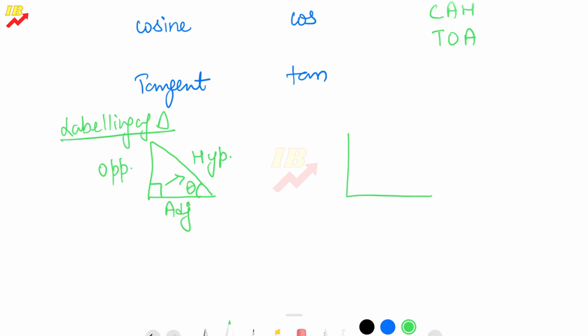Suppose I make one more triangle and put my theta on this side now, and my 90 degrees lies here. The side opposite to 90 is the hypotenuse, which is the same position again, but my theta has changed this time. Theta is lying here, so this side is my adjacent and this one is my opposite. I hope the labeling is clear to you guys.